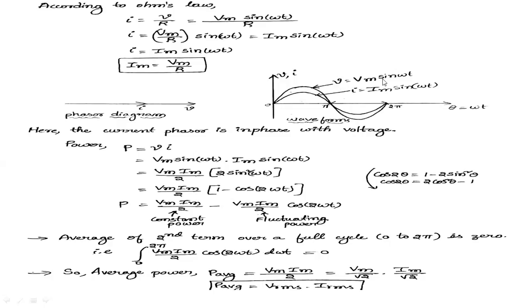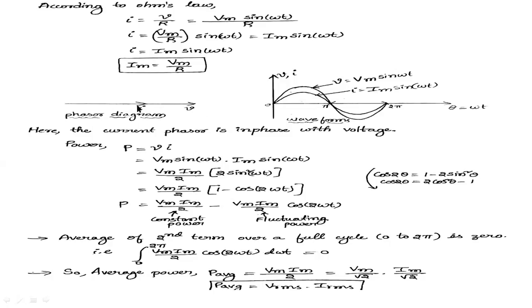The upper one is the voltage wave, V equals Vm sin omega t. The lower one is the current wave, I equals Im sin omega t. You see the representation of the phasor diagram: both voltage and current are in the same phase.